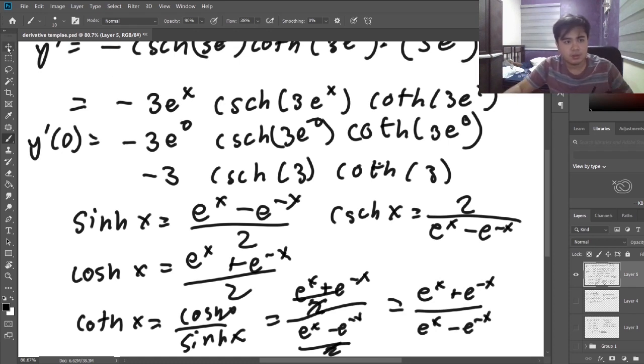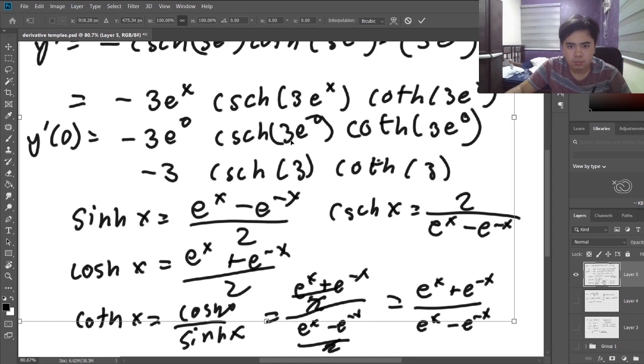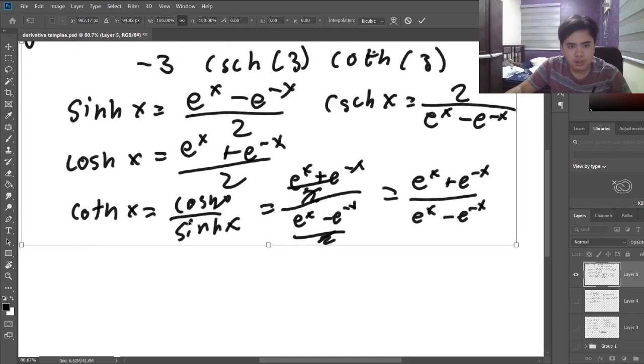So what can we do with this one? Well, we know the representation of the value within cosh. Let's try substituting everything here so we can find an exact value.